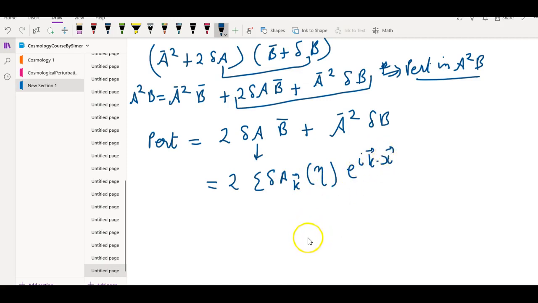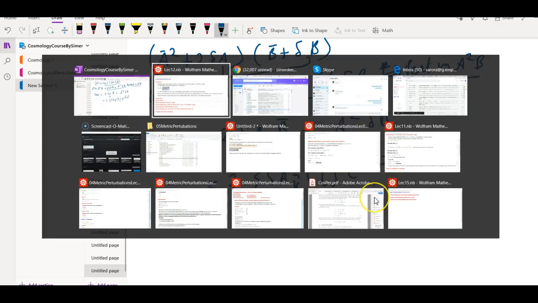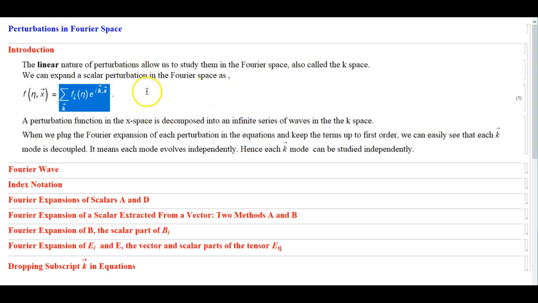So when you are writing the Fourier expansion, the spatial part is in this exponential part.